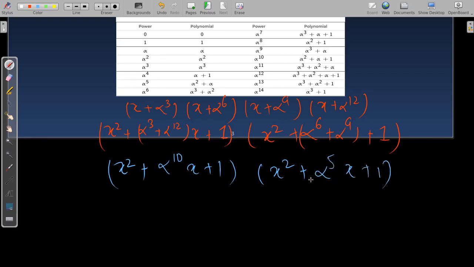It's actually simpler to put it in power form when you are multiplying them together. It's much less complicated than multiplying them in polynomial form.